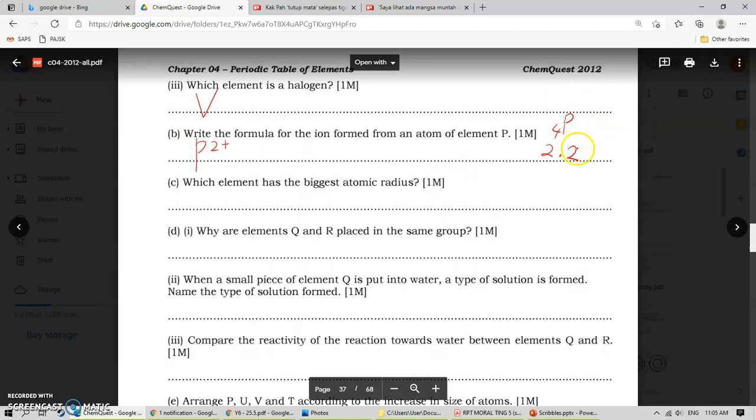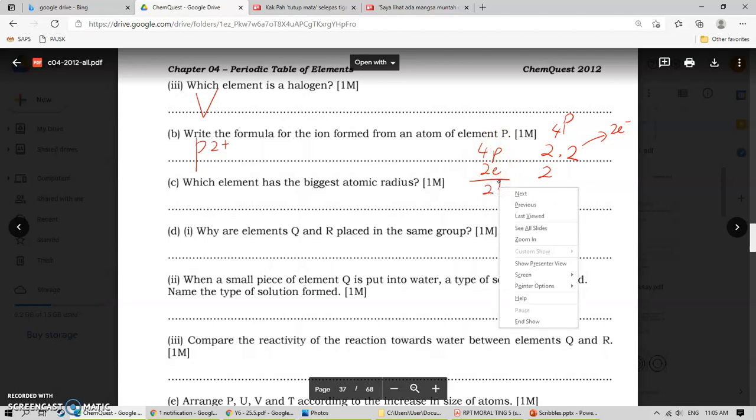And what it wants to do is to donate 2 electrons so that it can achieve the duplet electron arrangement. So when it has 4 protons and 2 electrons, there will be a surplus of 2 protons. 2 protons will give you a charge of 2+. Therefore, P2+. All the elements in group 2 have a charge of 2+.